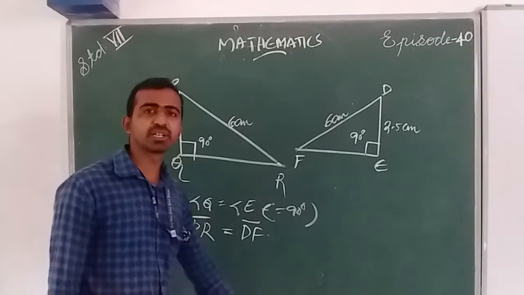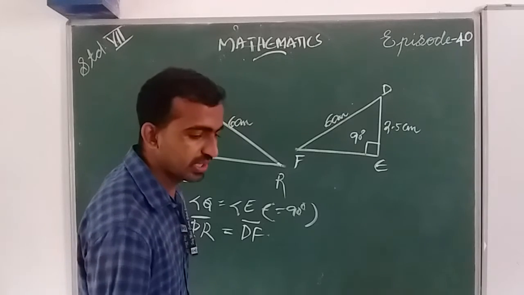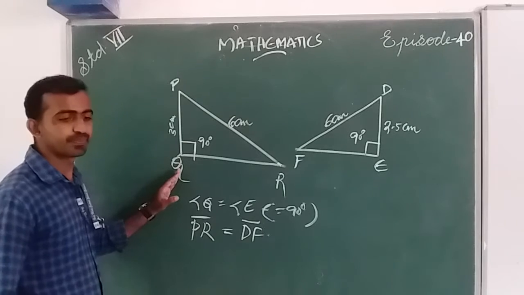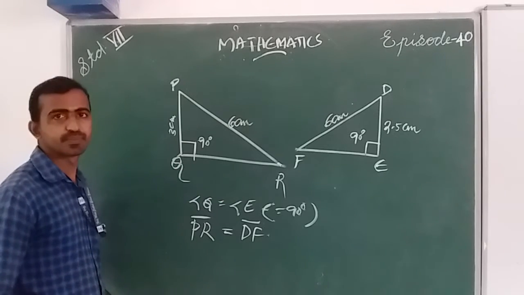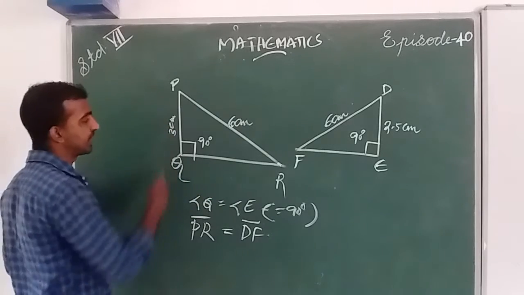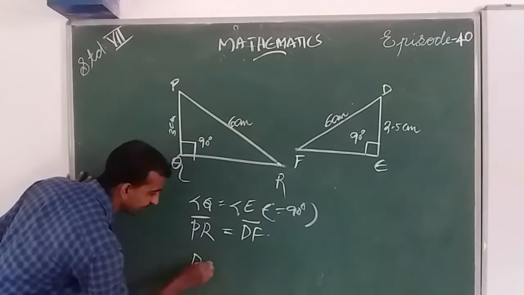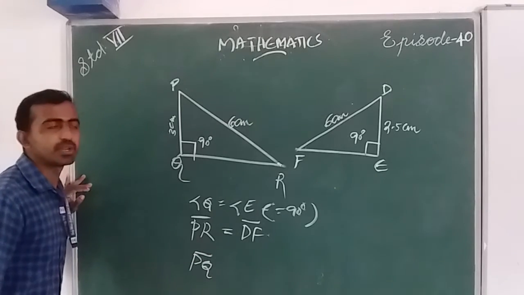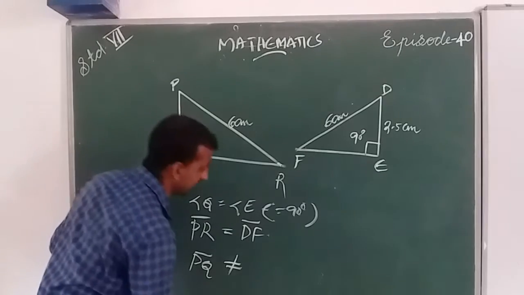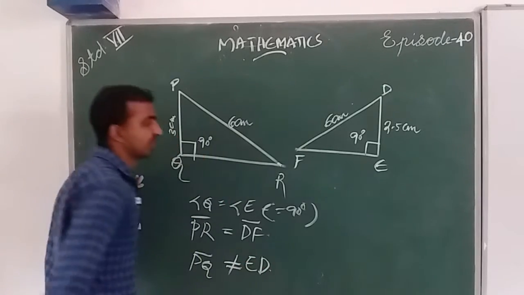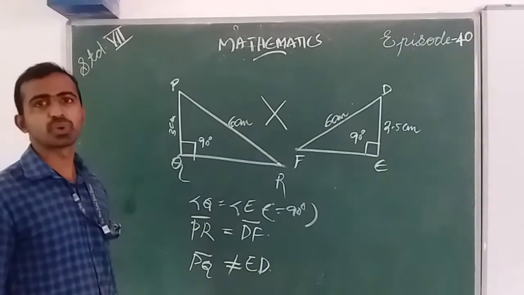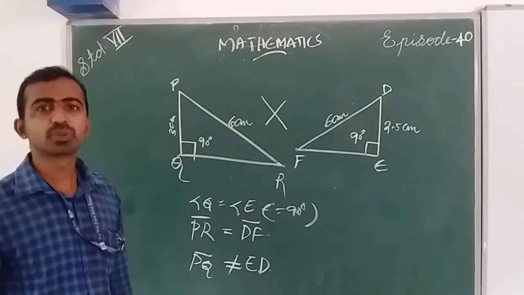Next, note PQ and DE: here PQ is 3 centimeter, and line segment PQ is not equal to line segment DE. So these triangles are not congruent.